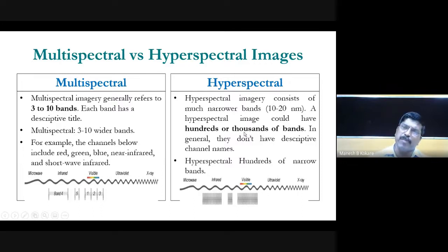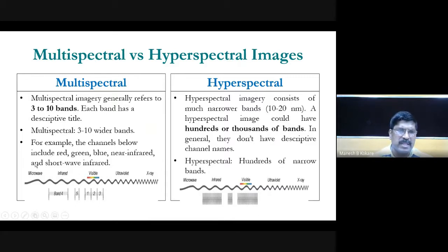In the case of multispectral images, the number of bands is limited to 3 to 12, up to 10 bands, and these are wider bands, whereas hyperspectral bands are very narrow, right?